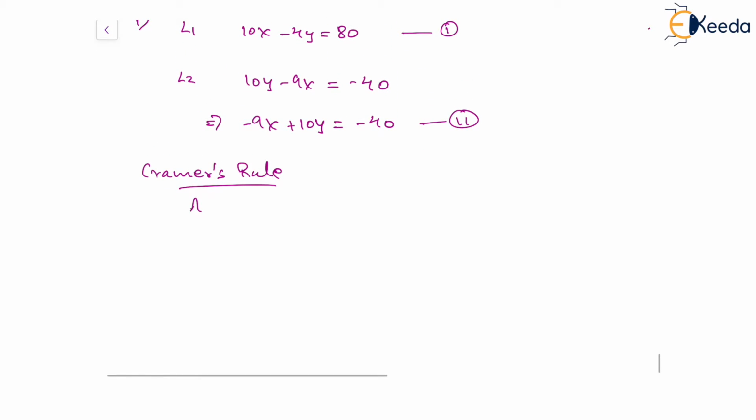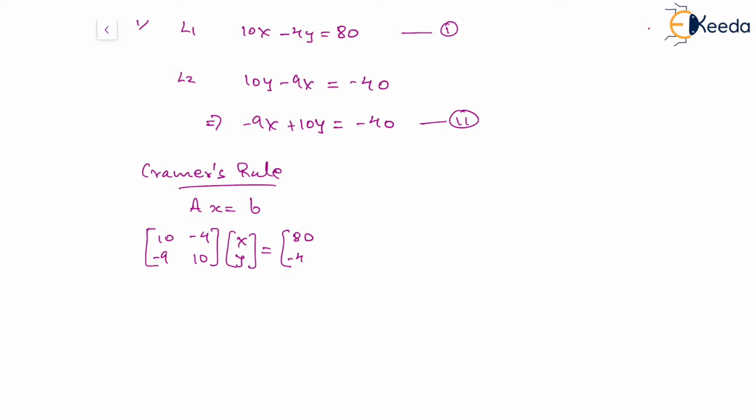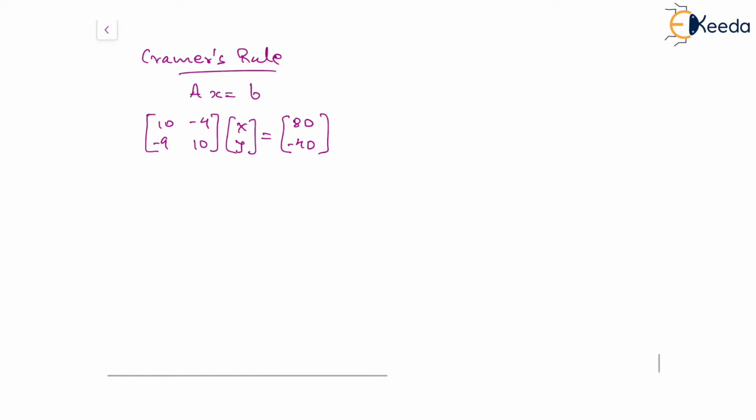Considering this as AX equal to B, that is the matrix 10, negative 4, negative 9, 10 times x, y equal to the constants 80 and negative 40. So the del in this case, that is 10, negative 4, negative 9, 10, comes out to be 64.